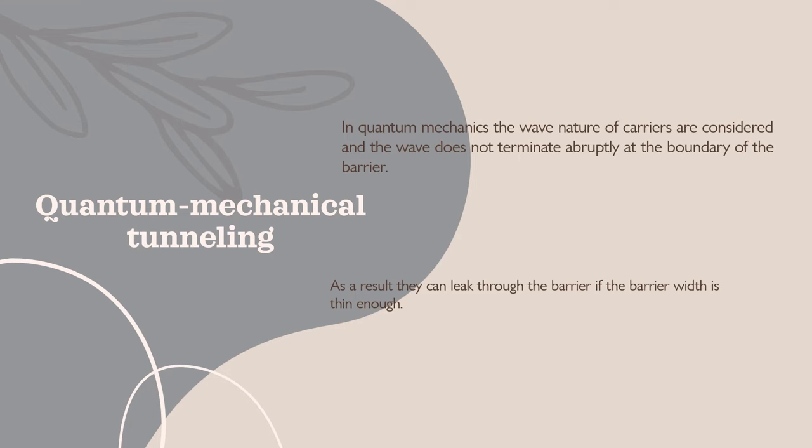So, in quantum mechanical tunneling, current leaks through the barrier if the barrier width is thin enough. This is the basic concept of tunneling probability and the tunneling current. So this is the quantum mechanical tunneling process.